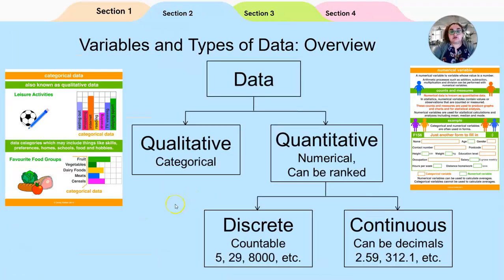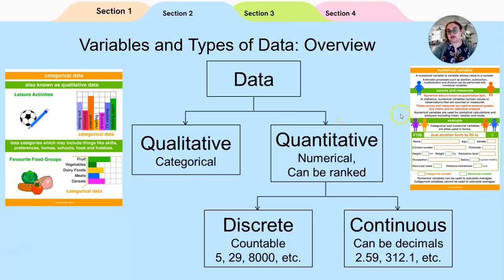Okay, so here's a little picture for you of how data is set up. Again, you can have it either qualitative or quantitative, and underneath quantitative, it's either discrete or continuous. Here are some more examples on the side. In categorical, or qualitative, data, we have type of sports and food groups.